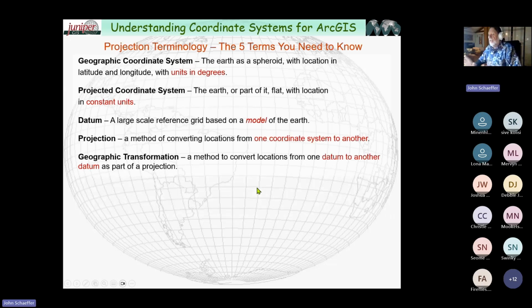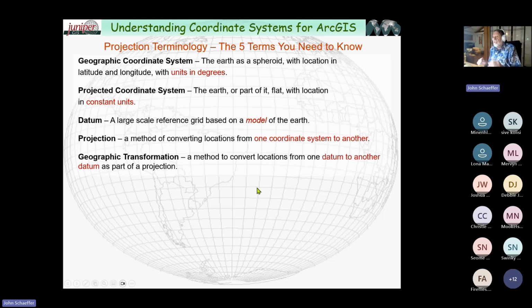Now, there's a lot of terms out there, some of which seem really confusing to me, but I boiled it down to 5 terms you really need to know. The first is geographic coordinate system. The Earth as a spheroid with location latitude and longitude with units in degrees. Projected coordinate system, the Earth or part of it flat with location in constant units.